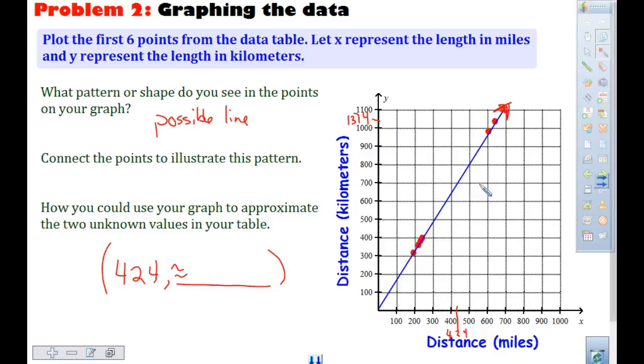So it could be 500. I think it should be a little more than that. Maybe 650. Yes? Okay. So maybe 650. Anyone see it maybe more than that?